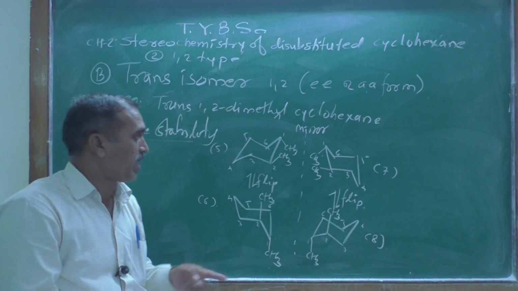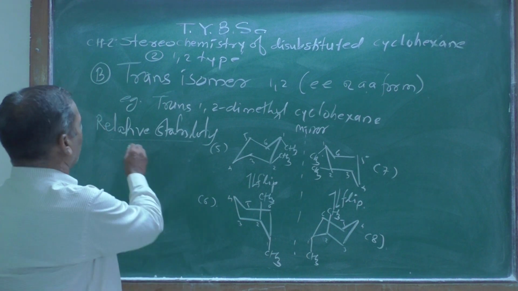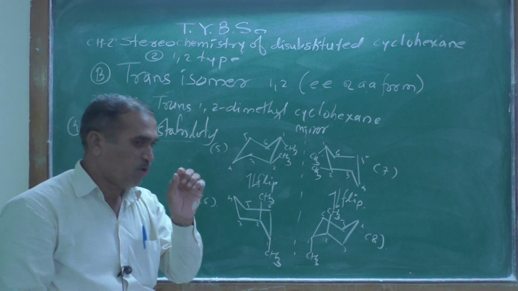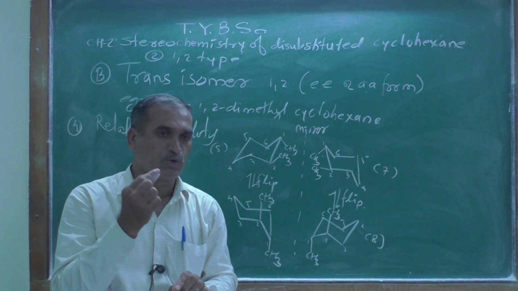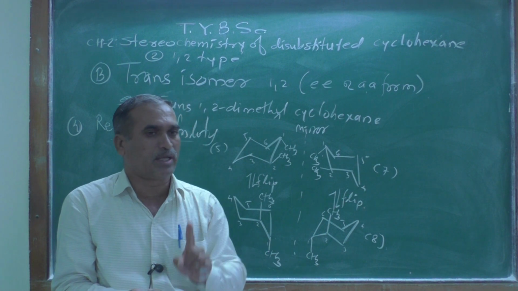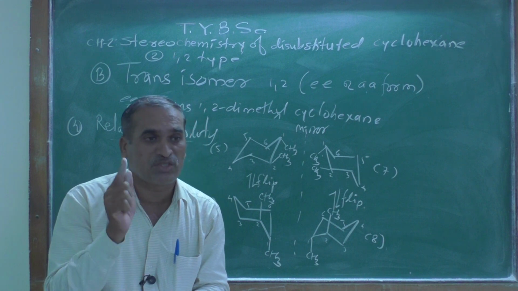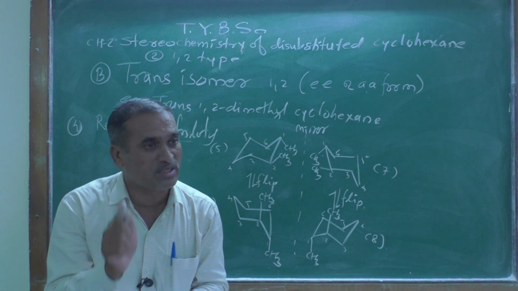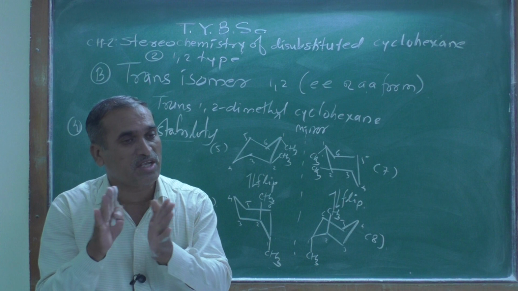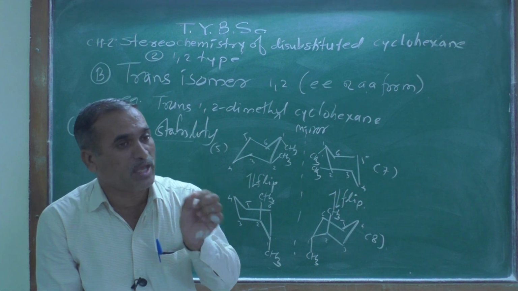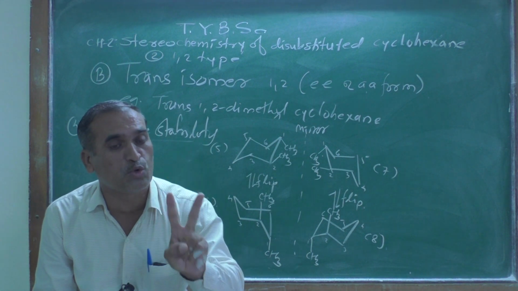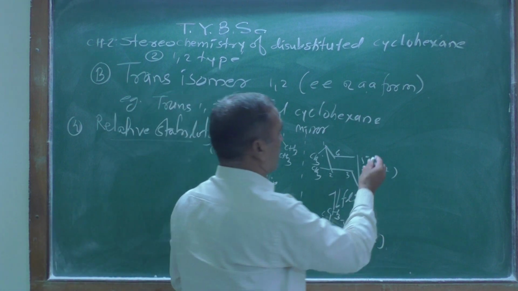The only remaining part is how to calculate the relative stability. To determine the relative stability, we must find out the 1,3-diaxial CH3-H interaction, or butane-gauche interaction. These are two things you must remember here.